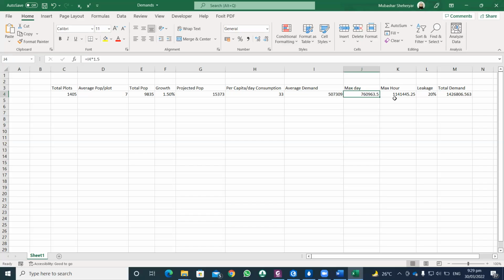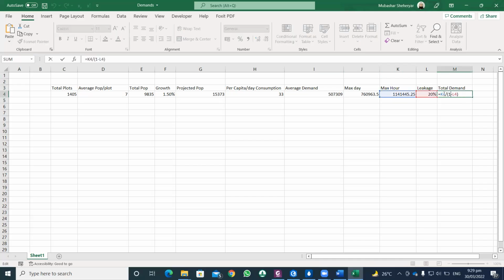Based on that diurnal pattern, I will assume a maximum hourly peak factor of about 1.5. So it will automatically be incorporated there. So I'm not using this value. These values will be calculated automatically by the software. I will show you how it calculates that.